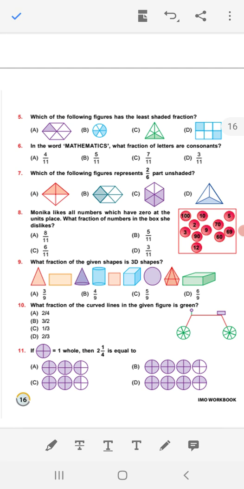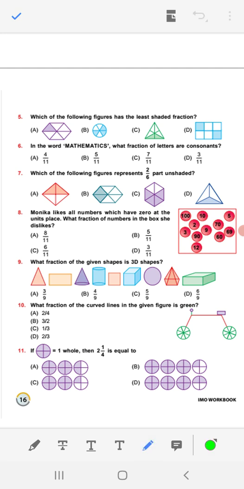Least shaded fraction. Number A, how many parts are counted? 1, 2, 3, 4, 5, 6. 6 total parts. 1 is shaded. So this is 1 by 6. B number, it is also 6 total parts and 3 is shaded.